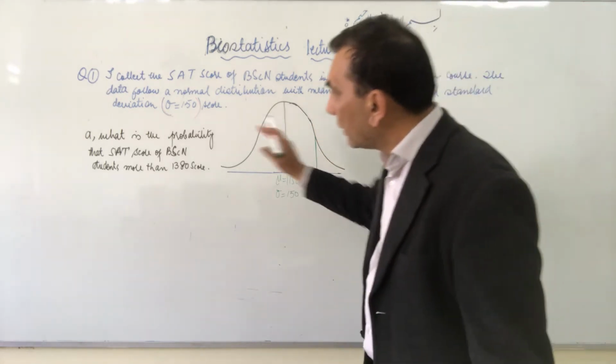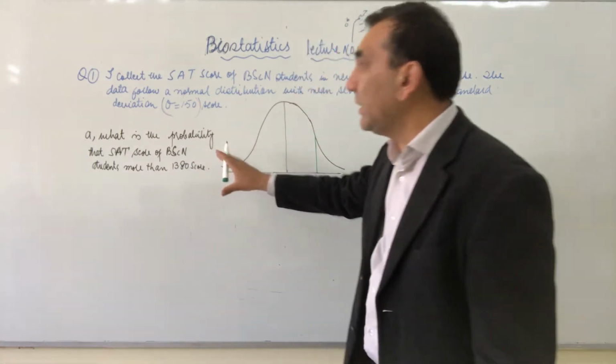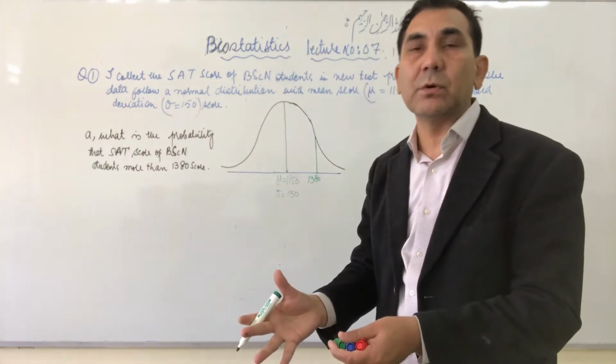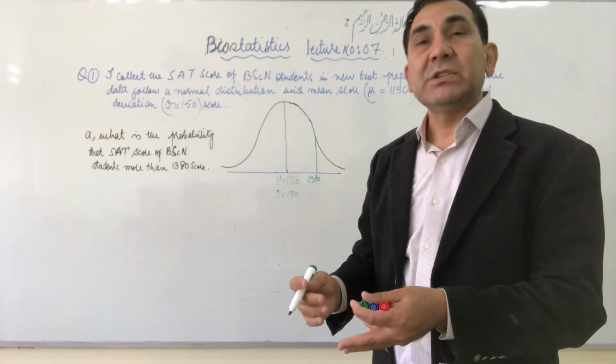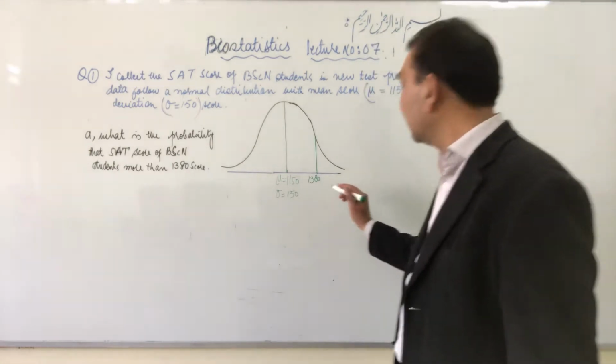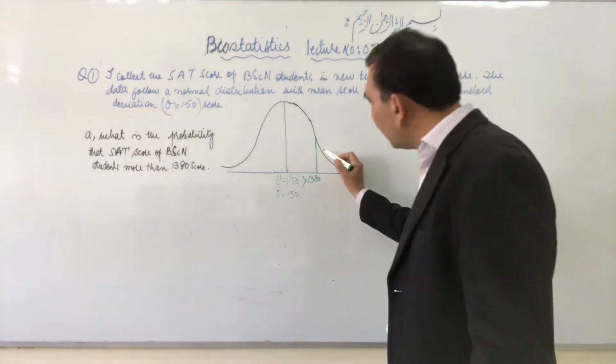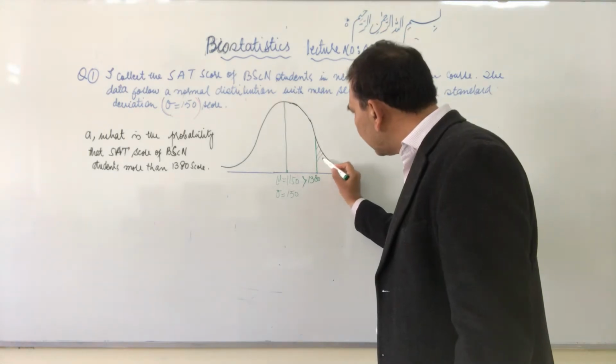In the question it is asking what is the probability that a BSN student scored more than 1380 marks. So it is asking about this area.